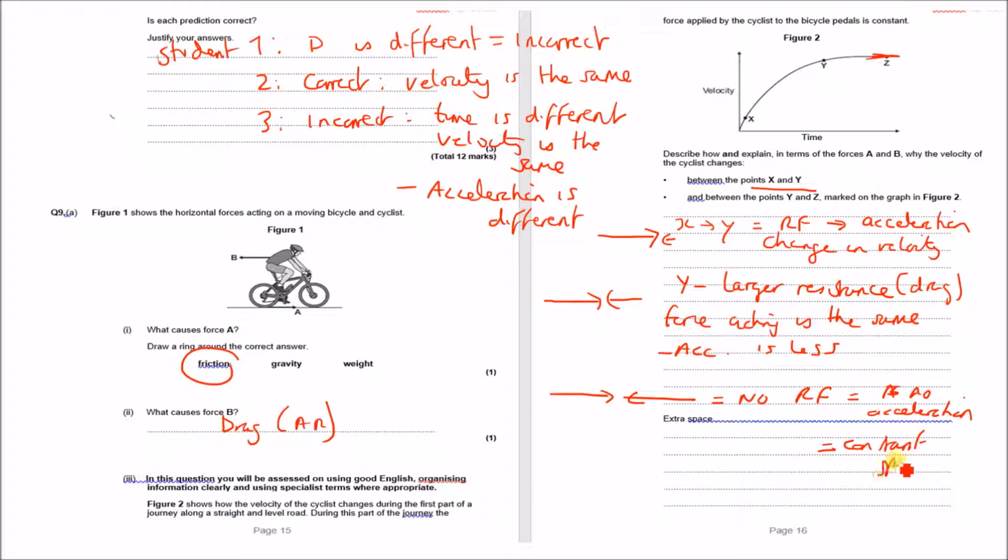So if you could put all that into good written communication, you're going to get 6 marks. So you need to use these key points. You always talk about resultant forces. When there is one, you get acceleration. When there's a smaller resultant force because of drag, you get less acceleration. And when there's no resultant force, you get no acceleration and a constant speed.